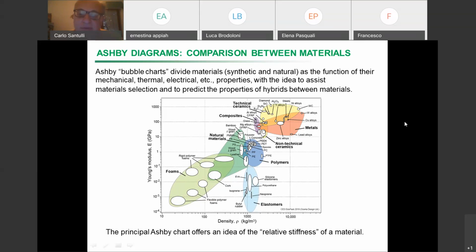Then at the center we have polymers, and we have natural materials. Some natural materials are also shown, like leather. Please remember that in our course, as by the Ashby approach and also by the approach shown in your textbook, we consider engineered materials, synthetic materials, and natural materials as materials as a whole.